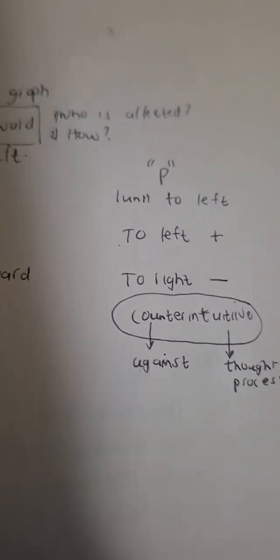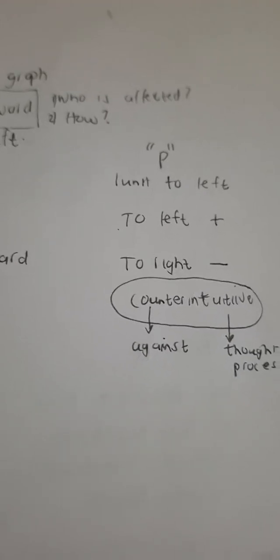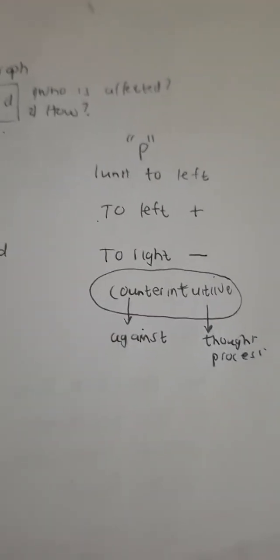You were thinking, if you are looking at the number line and we say to the left, we are definitely subtracting something. But what you are thinking is not the reality. It is counterintuitive. It is against your natural, normal thinking process.